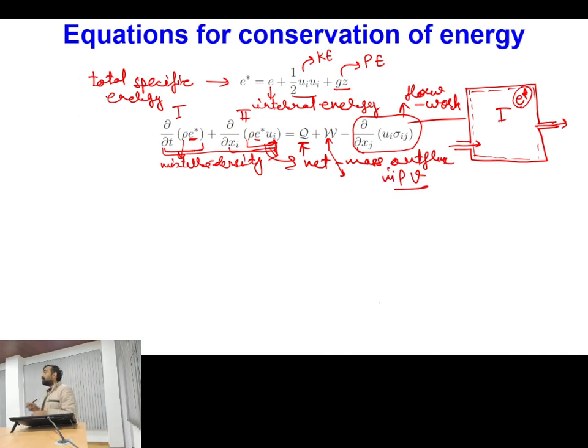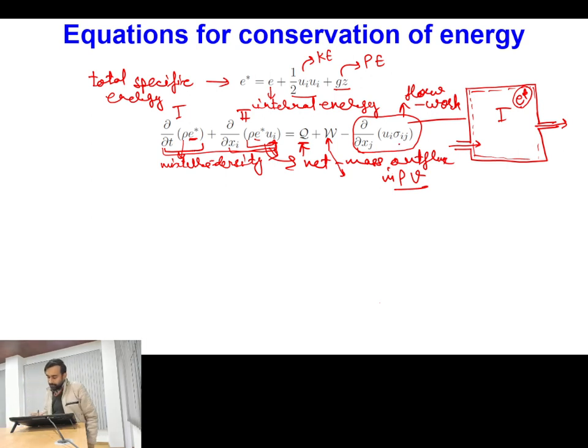But whenever this flowing stream is moving, some viscous stresses are also created, and our flow is happening against these viscous stresses. Even within the boundary we can have some viscous stresses. These viscous stresses consume a certain amount of energy, which is called the rate of viscous dissipation.